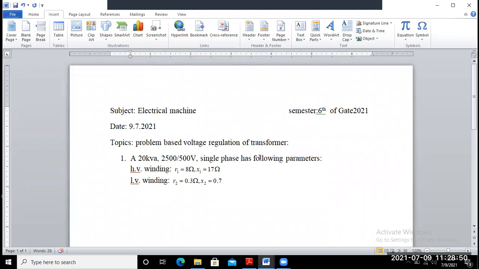Find the voltage regulation and the secondary terminal voltage at full load for a power factor of 0.8 lagging and 0.8 leading.